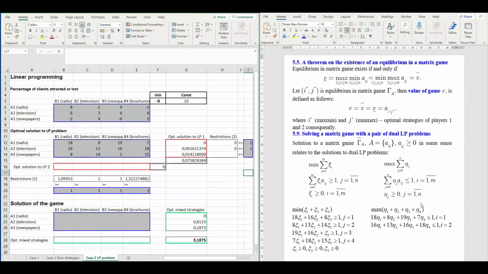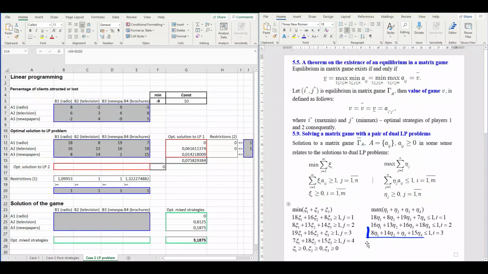And now let's consider the third restriction. It corresponds to the third pure strategy of the first player, so we need to consider the third row in our table, and therefore the left hand side of the third restriction will be 8 times eta1 plus 14 times eta2 plus 1 times eta3 plus 15 times eta4, and it should be less or equal to unit. Let us add this restriction into the mathematical model.